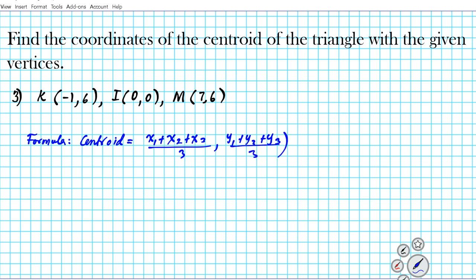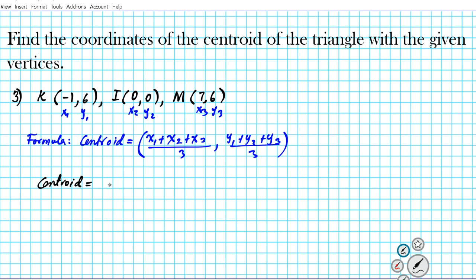Now, so we're given 3 points. So K is x1, y1, I is x2, y2, and then M is x3, y3. So we just substitute these values into our formula to determine what the centroid of triangle KIM is.